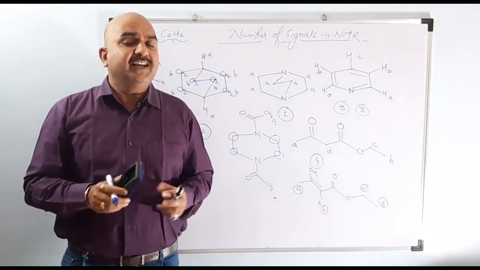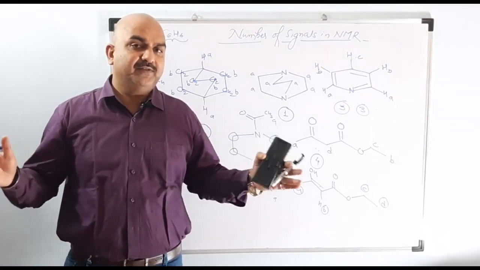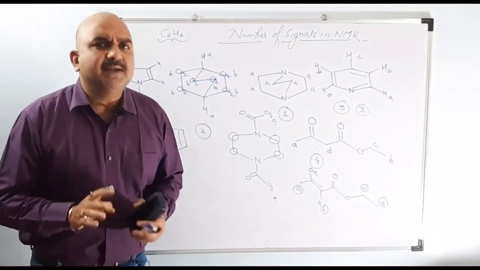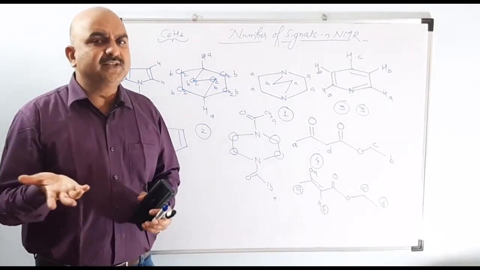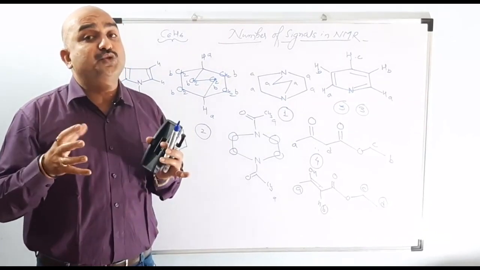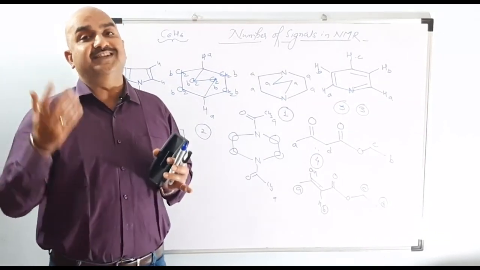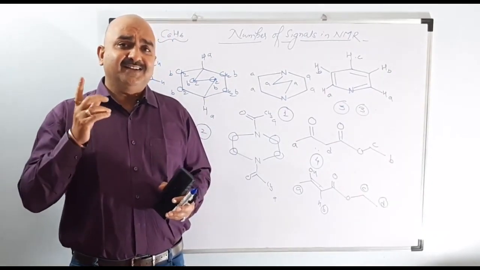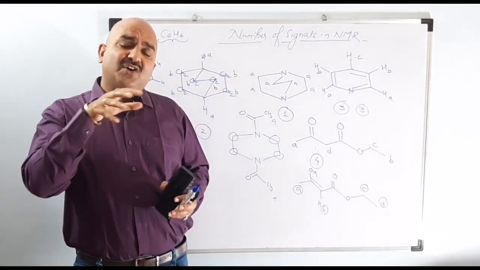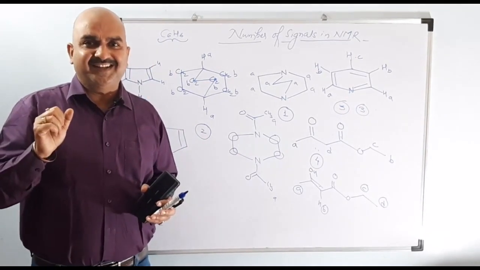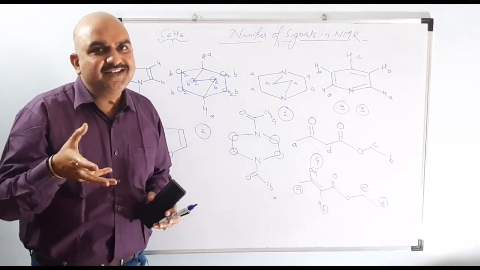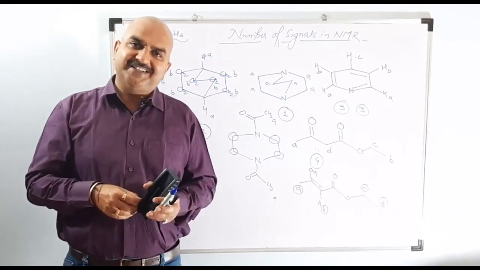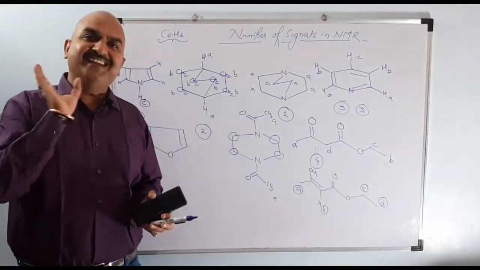Now on which criteria these protons differ from each other depends upon their chemical environment. And as the chemical environment differs, what is going to happen? They will absorb different magnetic fields for excitation. Now a very interesting case: these are all hydrogens, and as they are hydrogens, they should absorb a similar magnetic field for excitation and they should give a single signal.